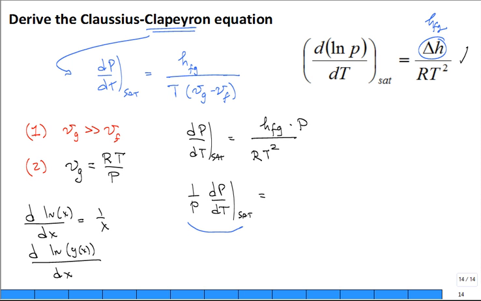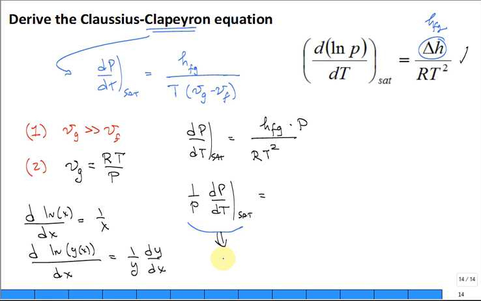Is that 1 over y times the derivative of y with respect to x? Look good?